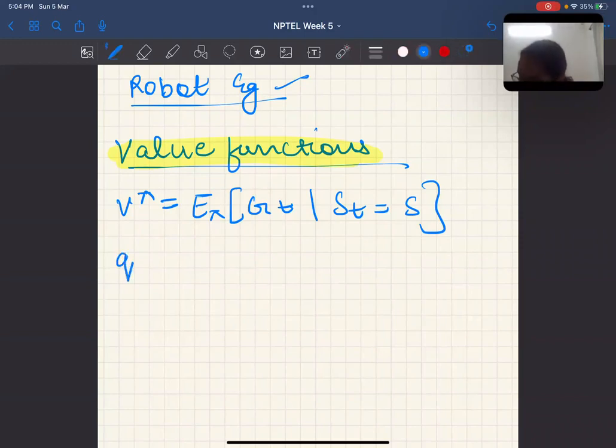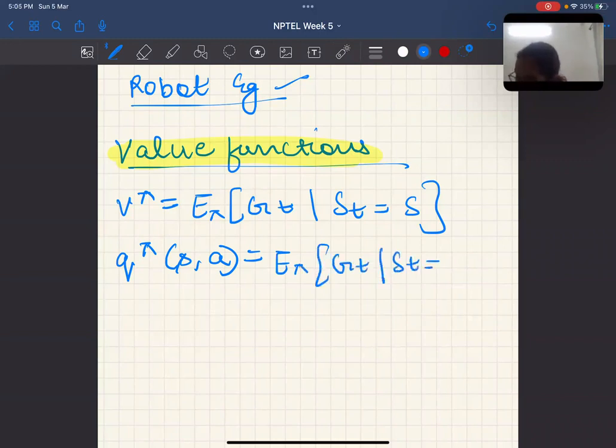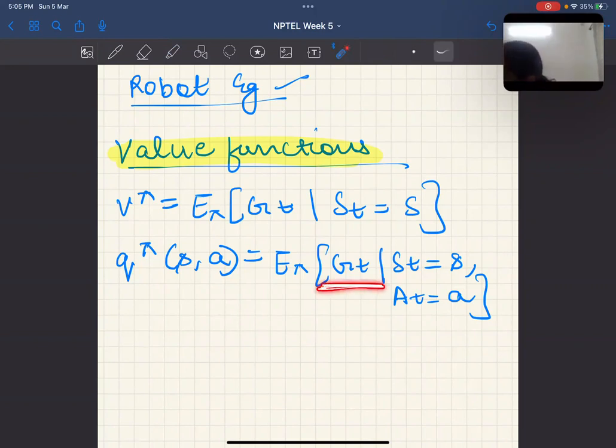Coming to the definition of Q pi, I'll explain the difference between V pi and Q pi in a minute. What is Q pi? It is the expected return if we are given the state and we are given the action.